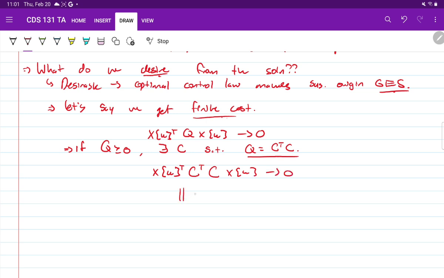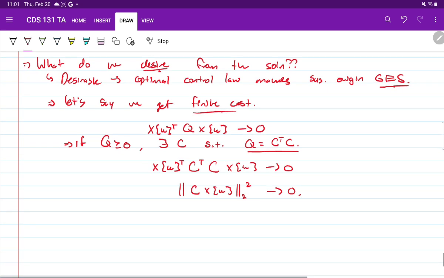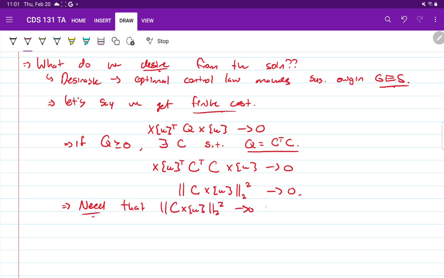Or in other words, the 2-norm of C times x_k, 2-norm squared, will converge to 0, okay? So if I want global exponential stability, what do I need? Well, I need that C times x_k, 2-norm squared going to 0, implies that my full state vector, x_k, goes to 0.